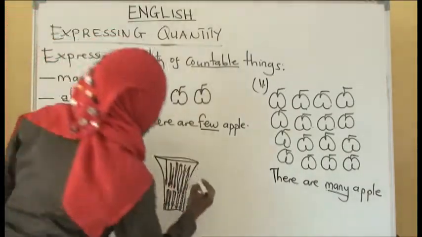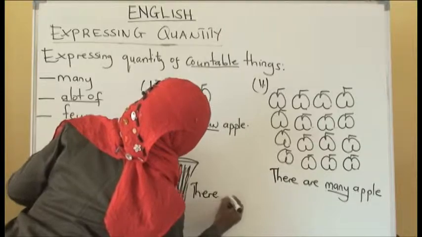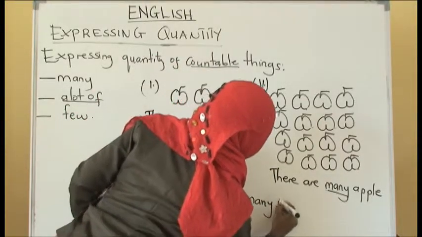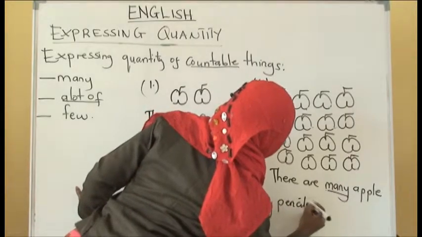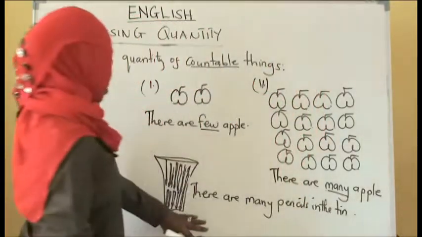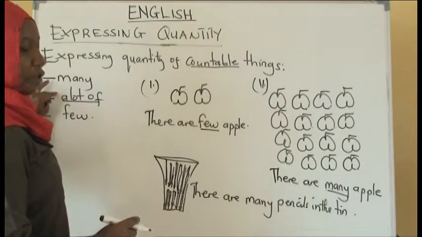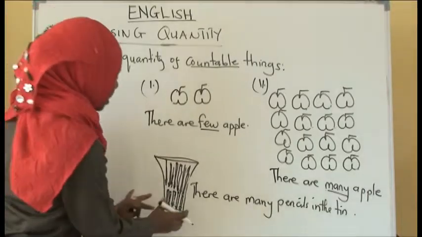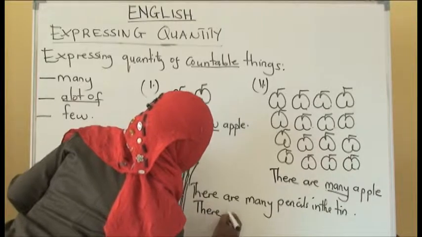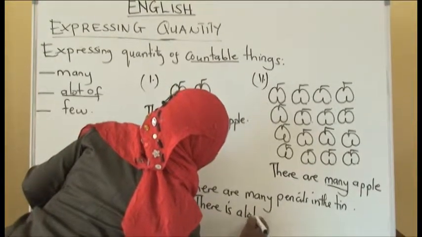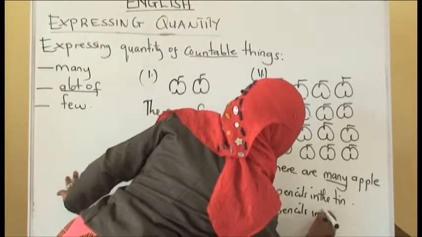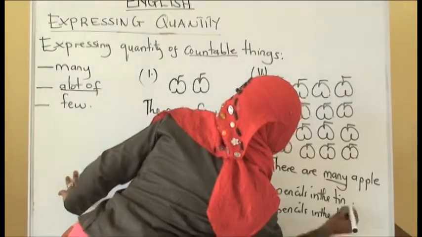You will say, there are many pencils in the tin. But also, you can use the word a lot of to express the quantity of pencils which are in this tin. You can say, there is a lot of pencils in the tin.